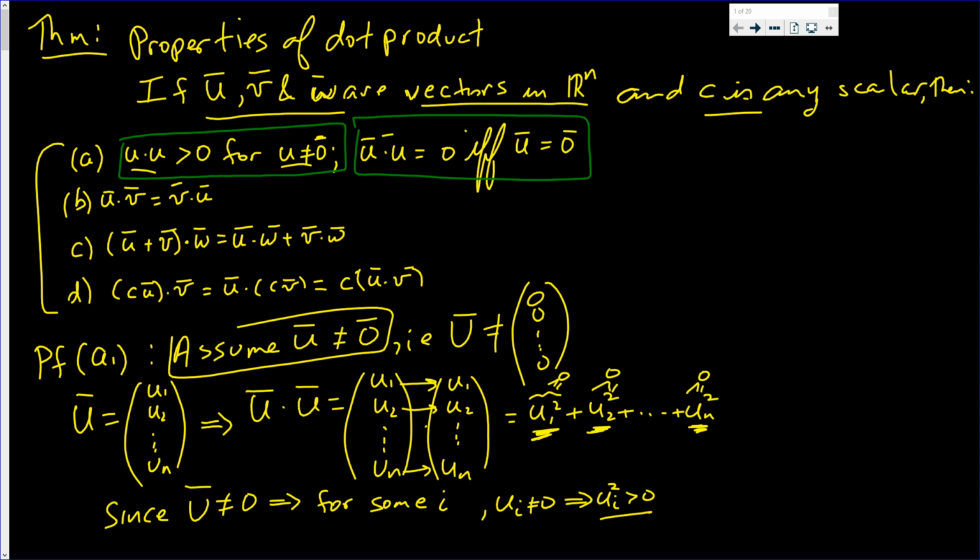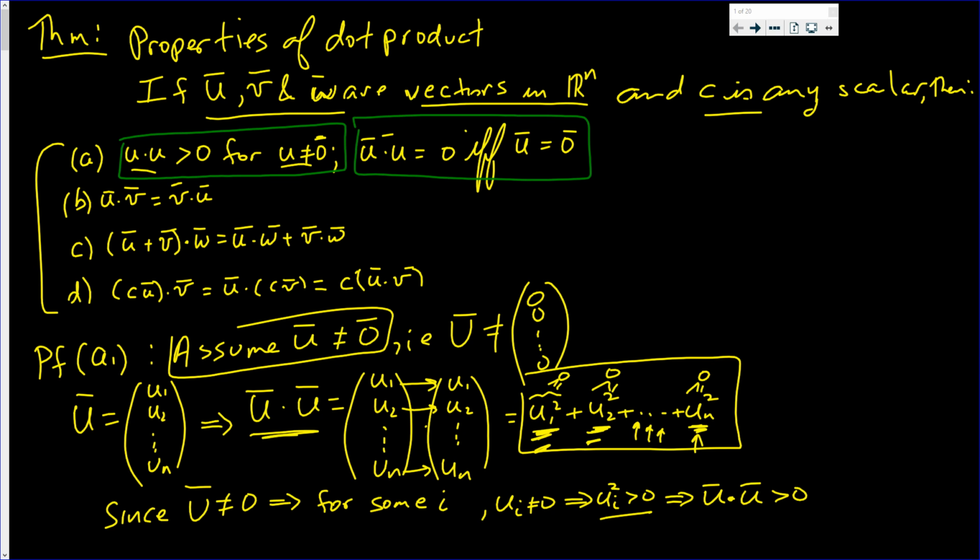So if you have 0 or positive, plus 0 or positive, plus positive, plus 0 or positive, plus 0 or positive, plus 0 or positive, you'll be positive. That is, this sum will be positive. But this sum is u dot u. So u dot u will be positive.